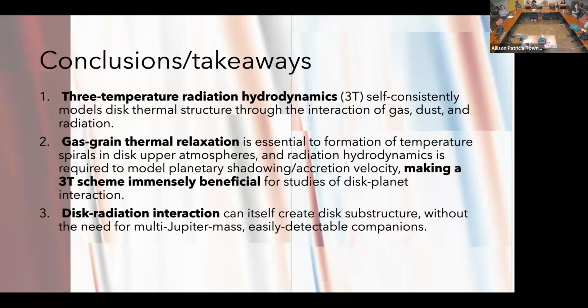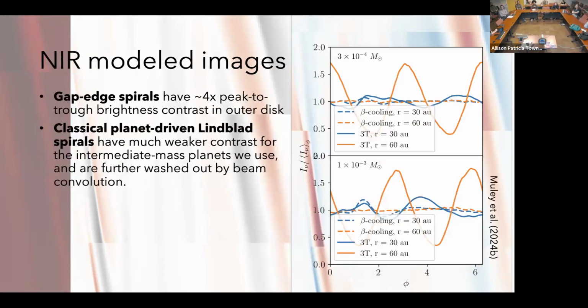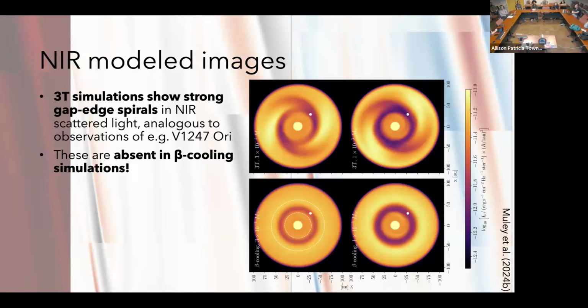Yes, or I guess you're the moderator. Brittany. I had a question about, does the size and extent of the grain distribution change with whatever near-infrared band? I think I missed which near-infrared band specifically you're modeling. Oh, sorry, I think H-band. H-band, okay.